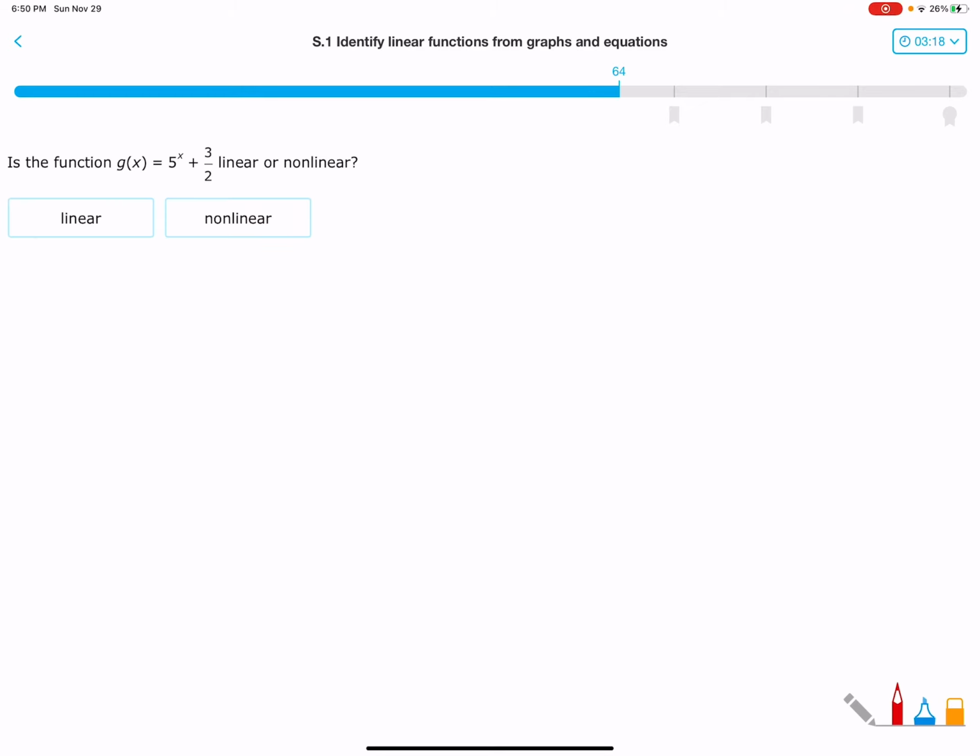This one, is it in mx plus b? Well, it's 5 to the x plus 3 halves. That is not in the correct form, so it's non-linear. And finally, we have h of x equals x plus 1 over 10.